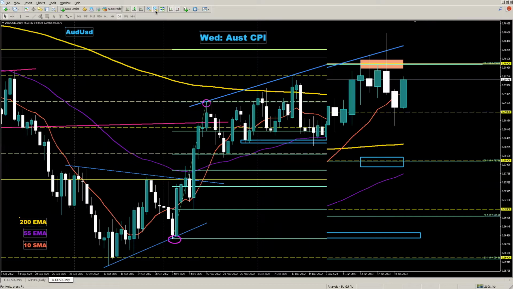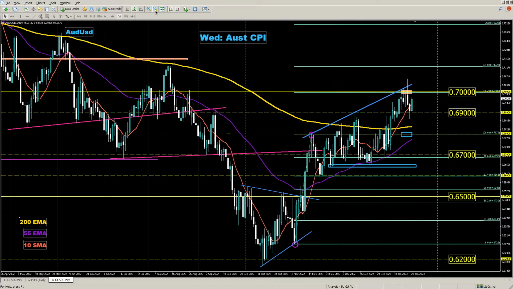Let's go back to the daily time frame. So support zone, interim support is still going to be at this swing high at the 68 round figure. For the moment, the 69 round figure is holding quite well.